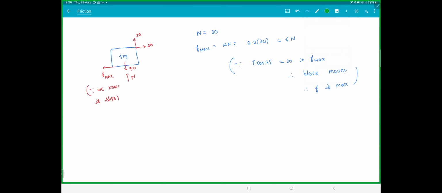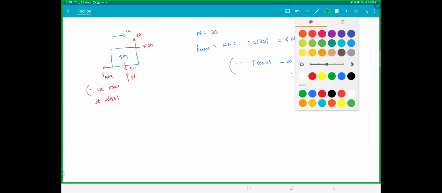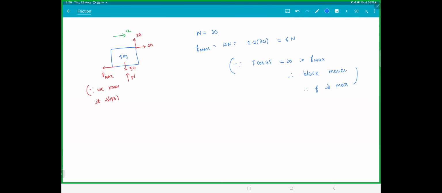Step 1, draw your FBD, write the forces. Step 2, acceleration. Always remember, forces on the body, accelerations outside the body. 20 minus F max is equal to mass into acceleration. This becomes simple loss of motion. This is 20 minus 6 is equal to 5a. Acceleration is 14 by 5. Next thing, initially the block is at rest.